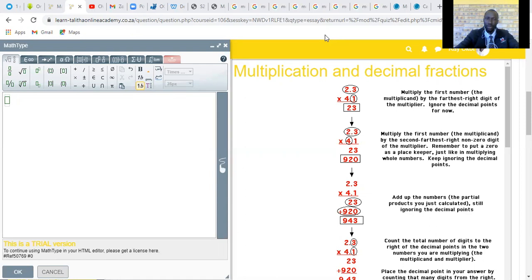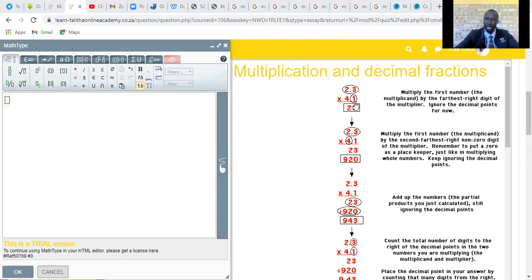Now, multiplication of decimal fractions follows some rules, okay? There are some rules that we are supposed to follow when we are multiplying decimal fractions. I'm illustrating this rule with one example. The example we are supposed to handle is 2.3 multiplied by 4.1.